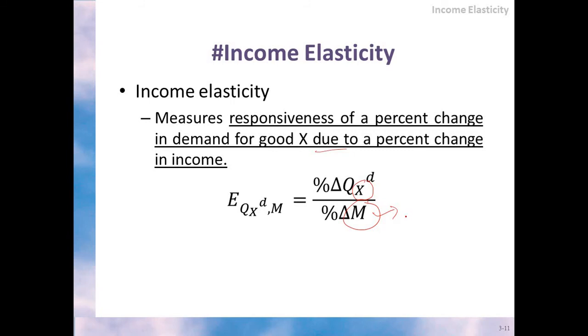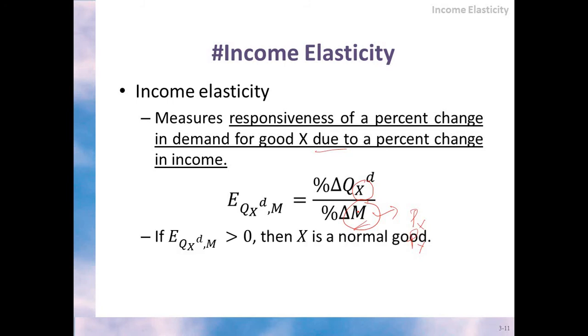Last time when we talked about own price, we talked about change in price of good X. When we talked about cross price, we talked about the change in QX in response to change in price of Y. Now the change in Q is because of change in income.